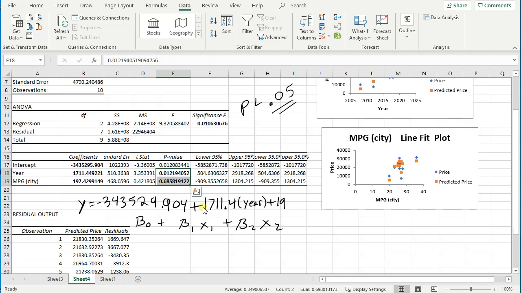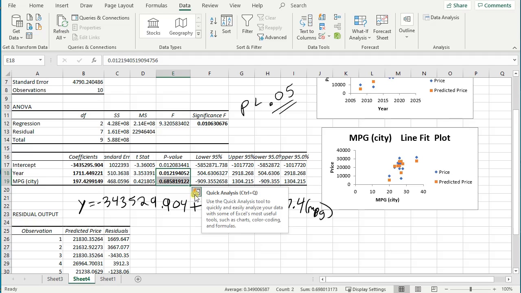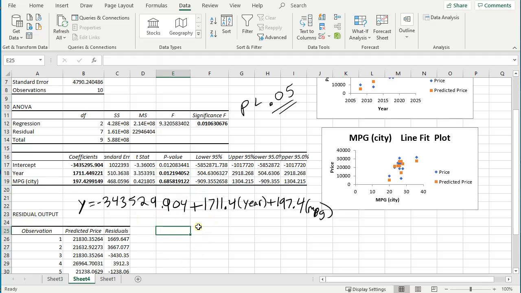Plus 197.4, if you round that, times miles per gallon. Or you could write x2, same thing. So that's our model. And we can use that model if you give me a year, say 2017, and a certain miles per gallon, say 25 miles per gallon, then I can make a prediction.